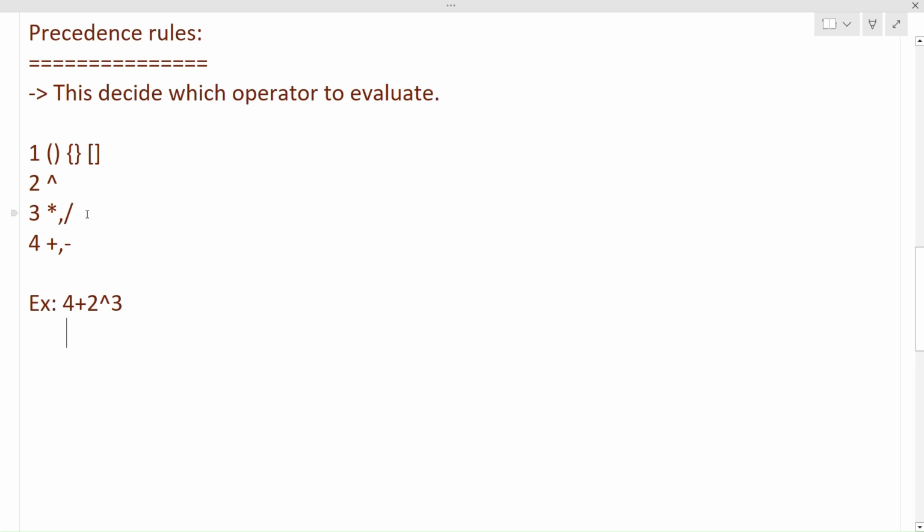According to the precedence rule, first we need to apply 2 exponential power 3, which is 8. Then 4 plus 8 is 12. This is how we follow the precedence rules and solve the expression perfectly with the correct result.